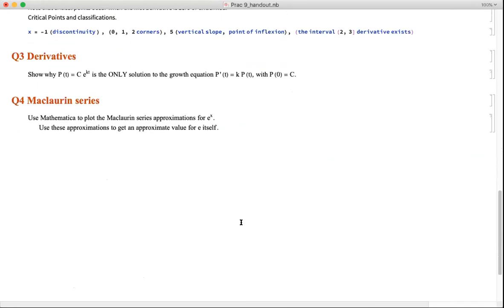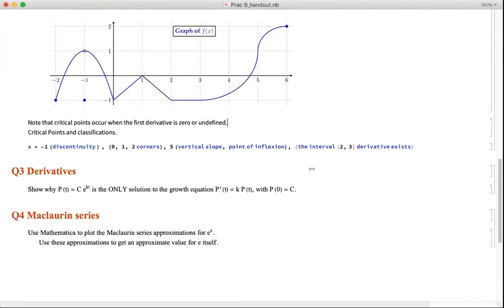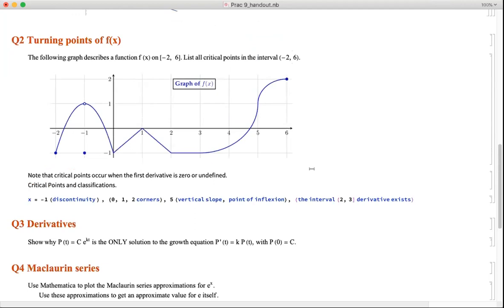Okay, let's move on. Is there any more question regarding number 2? Okay, let's do question 3.